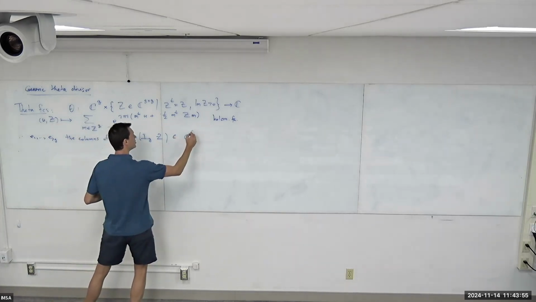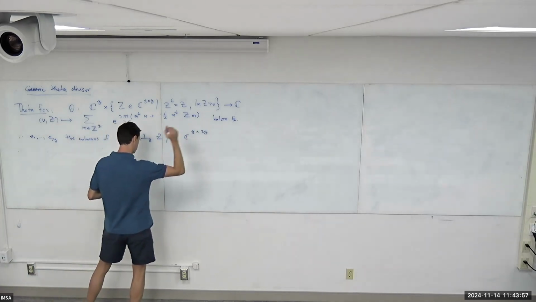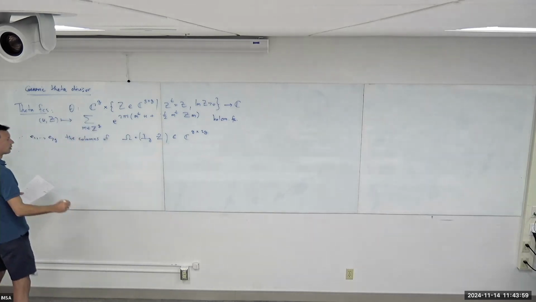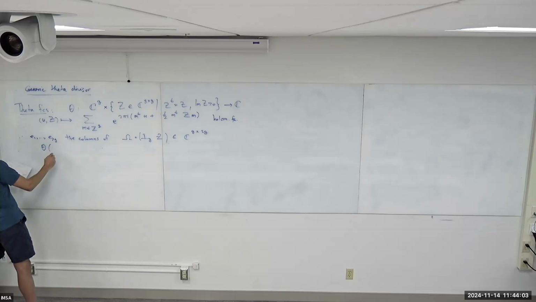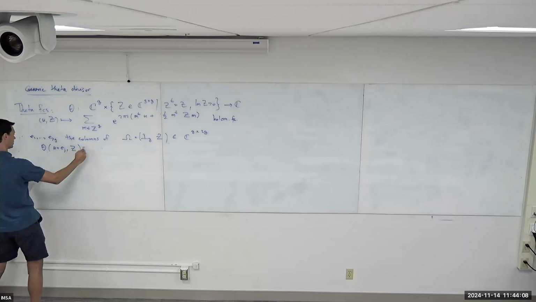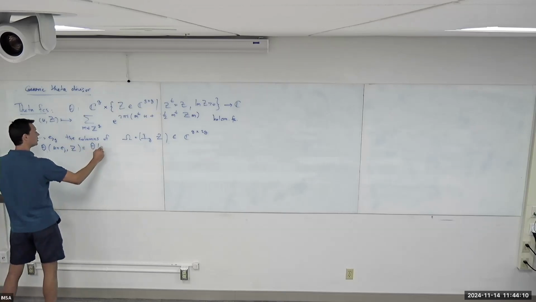So this is g by 2g. Then the quasi-periodicity states the following: theta of u plus e_j, z is the same as theta of u, z.